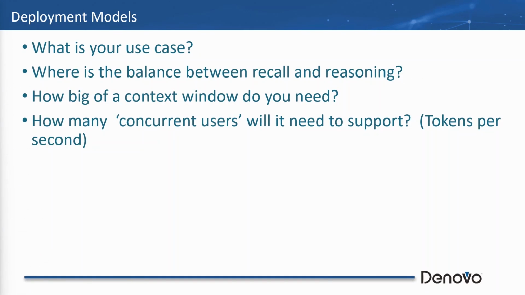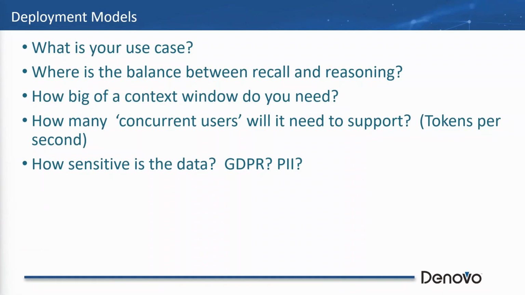How many concurrent users? This is kind of a big one. Are you going to have a couple users per day accessing this, fairly low volume? Or are you going to have 50 users simultaneously, where you need to produce a massive number of tokens per second? How sensitive is the data?